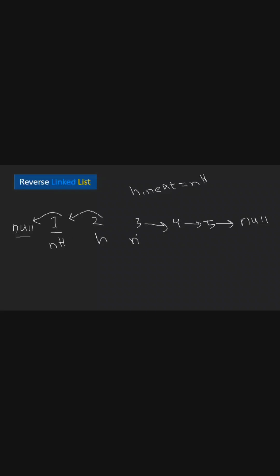Now we see that this head is our new head and this next is our head for this portion of this linked list. So this is the new head and this is the head. Now let's keep the next node. Let's remove this link and let's connect to this node. Now we see that this is our head and this is our new head.